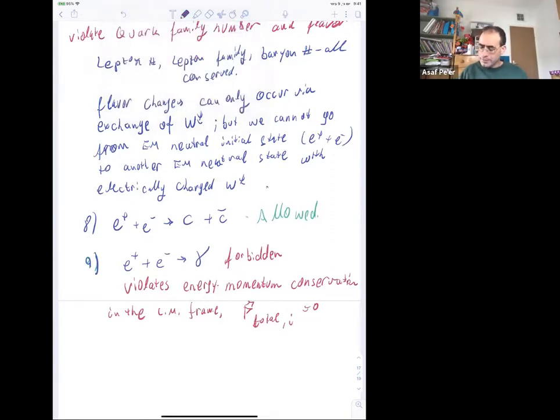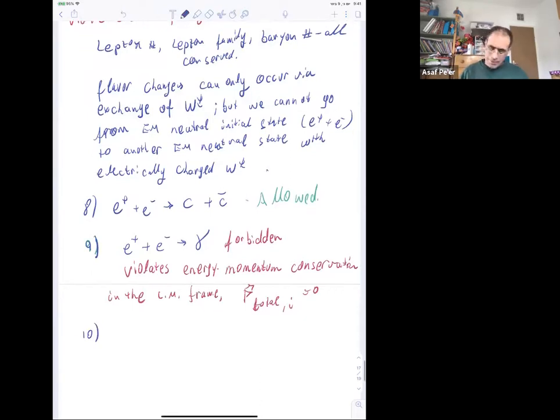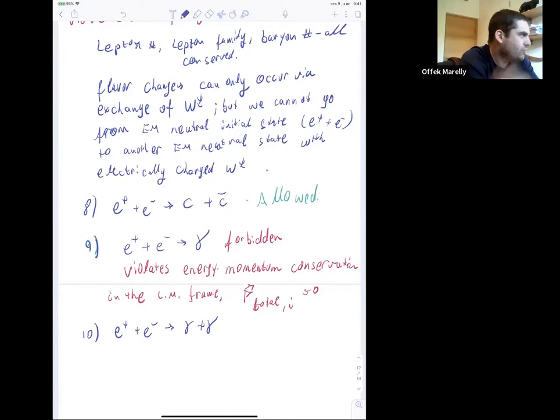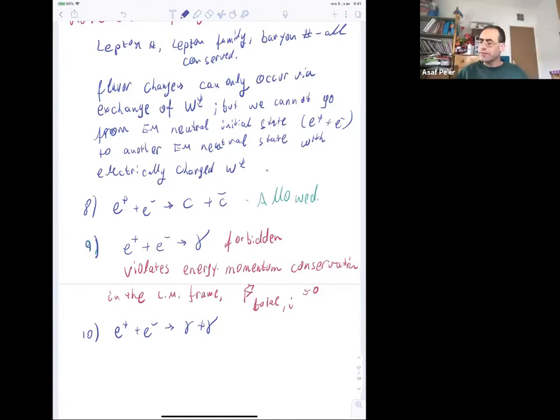And then the last one, I know I'm running over time, but I'm compensating for the lost time. What about e plus and e minus going to two photons? Yes, because they can compensate for the overall momentum. Exactly, very good. This is allowed.